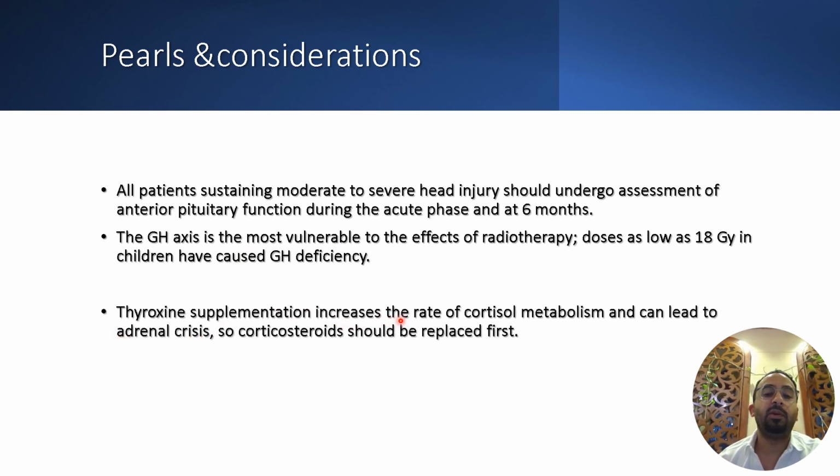Thyroxine replacement therapy, importantly, can increase the rate of cortisol metabolism and so can lead to adrenal crisis. That is why glucocorticoid should be replaced first in patients with hypopituitarism. So, as an answer to the first question, which hormone should be replaced first? We should start with hydrocortisone, or at least start hydrocortisone and thyroxine therapy at the same time.